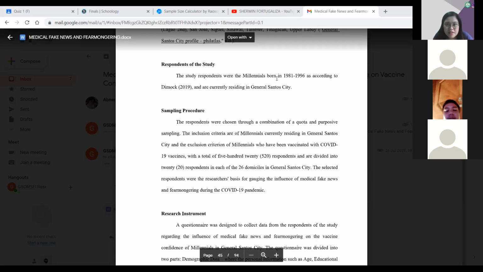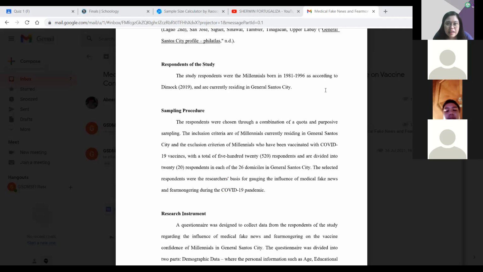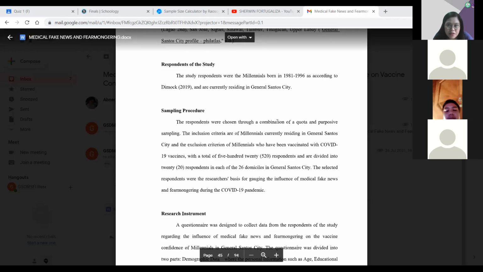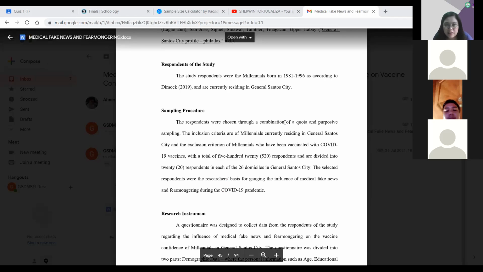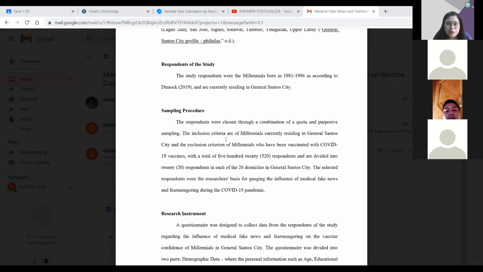So in this case, our respondents of the study are the millennials, and when you say millennials, that's born between 1981 to 1996. And syempre, currently residing sa General Santos. And for the sampling technique, the respondents were chosen through a combination of quota and purposive sampling. I'll discuss that later. However, they have also included other inclusion and exclusion criteria, so take note of this.